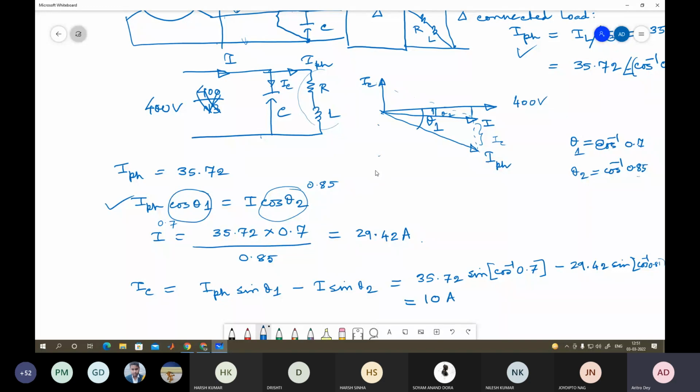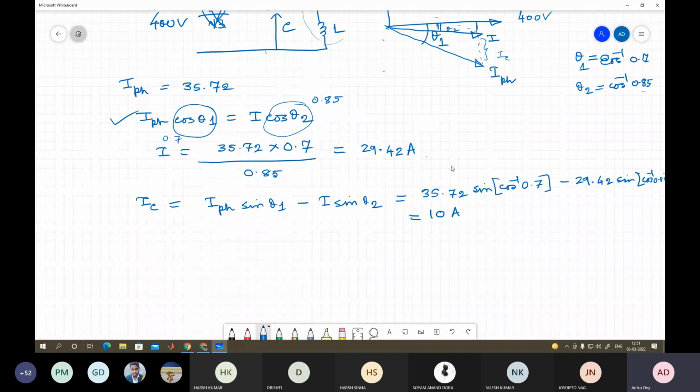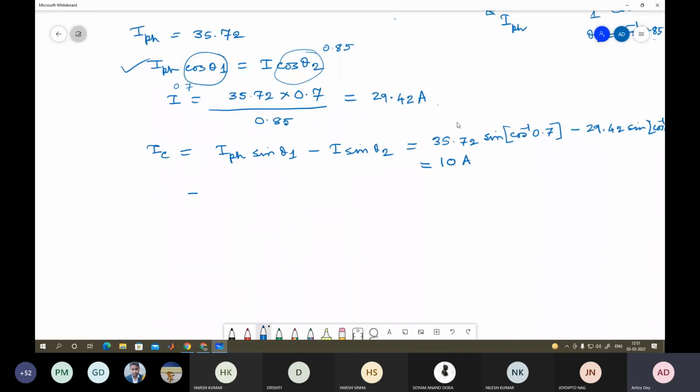So once you get IC, what is our IC? IC is also equal to V divided by XC. So your XC is what? V equal to 400 volt, as you can see from the phasor diagram, and IC is equal to 10. So you get XC to be equal to 40 ohm. So 40 ohm is basically equal to 1 by omega C. So what is your C? It is 1 by omega by 40.